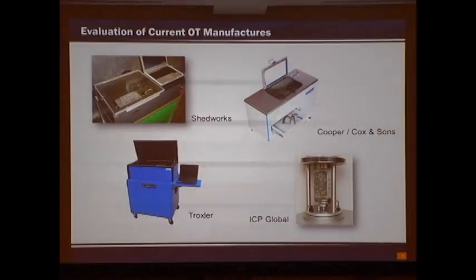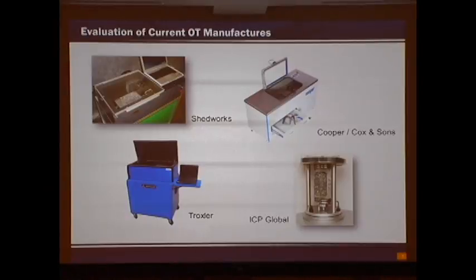So I'll just skip right into it. We wanted to evaluate the machines, and there was a lot of interest around the country because other states were really interested in the overlay test, and they asked, what machine works? When we first started, the ShedWorks machine was the obvious one because it was the only one. But after a while, others got involved. ShedWorks stopped making it and sold out to Troxler, so Troxler was making a machine.